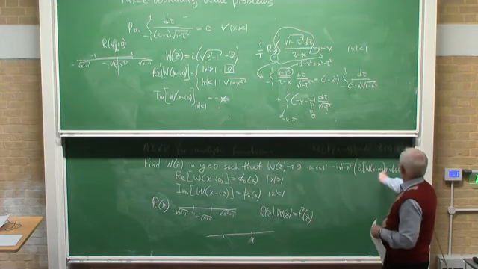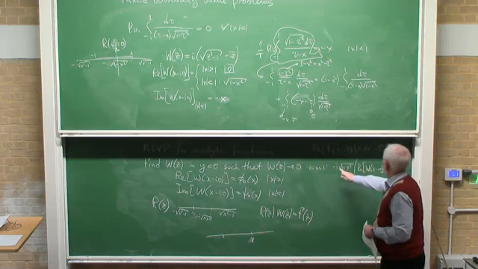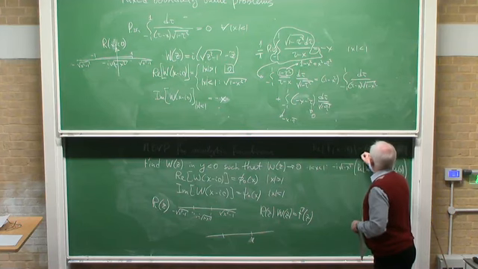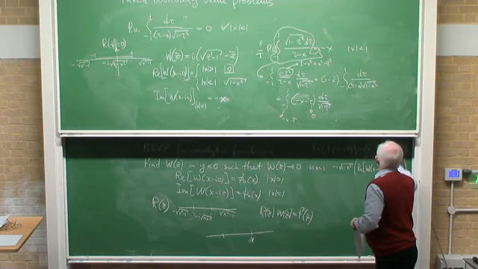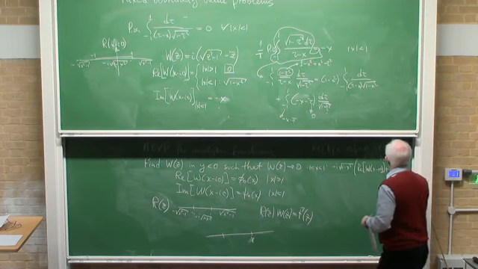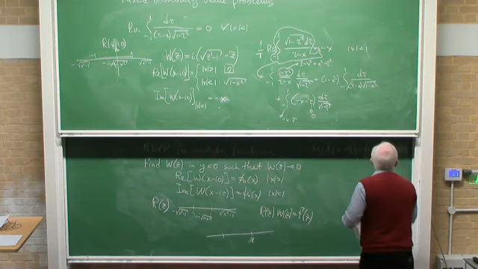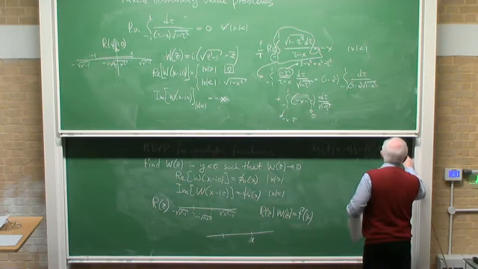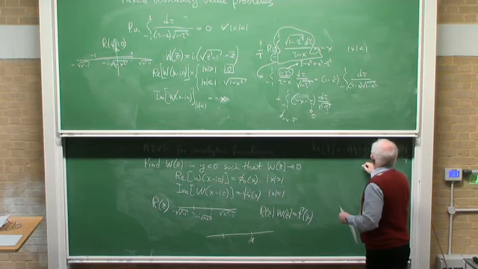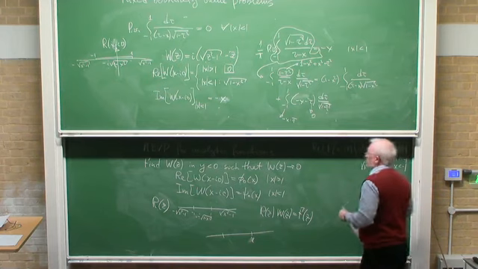And you see the real part of that product is equal to minus the square root of 1 minus x squared times psi 0 of x for x less than 1. And similarly, we obtain the square root of x squared minus 1 times psi 0 of x for x.